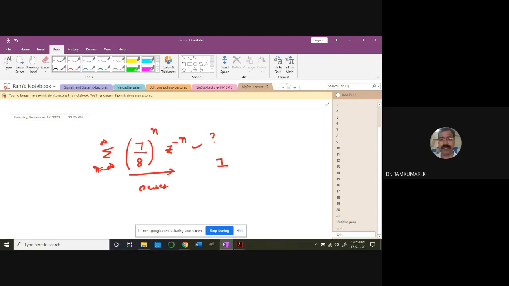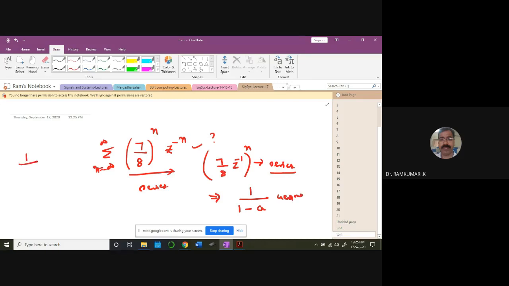It's more like 7 by 8 z power minus 1, the whole to the power n, a geometric series. If you have a geometric series like this, you can easily find the value as 1 by 1 minus r. Remember the geometric series form; we already derived it in the last class.